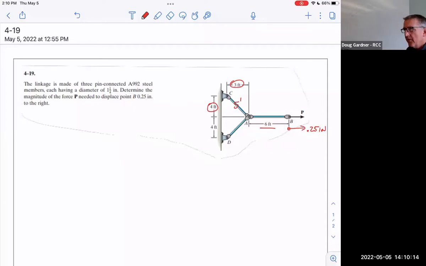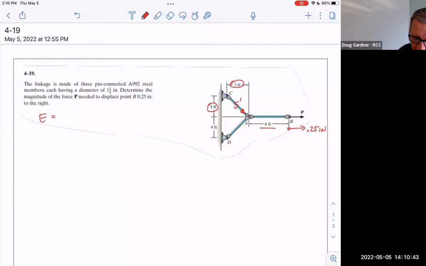But remember, the force has to be pulling axially on it. That P is not pulling in the right direction. If you pulled on that CA linkage at an angle sideways like that, it's going to switch directions and get longer. Does it make sense? That's not good. What I really need is to pull on this thing in that direction. So I need to actually convert that. So let's talk about that.